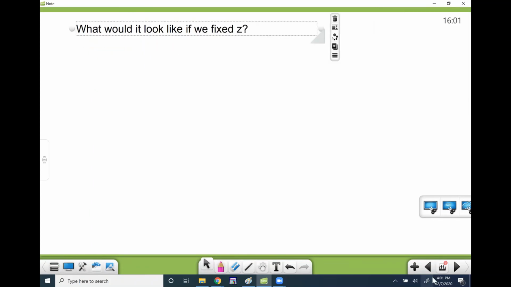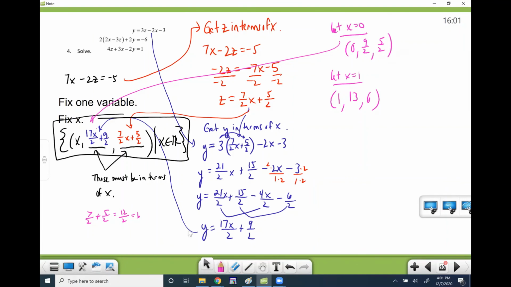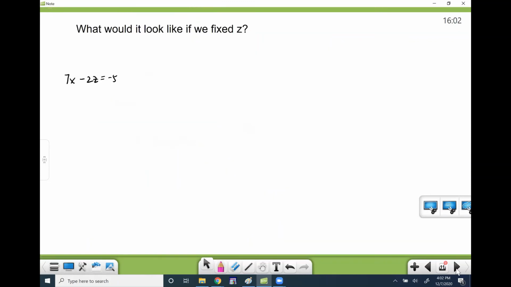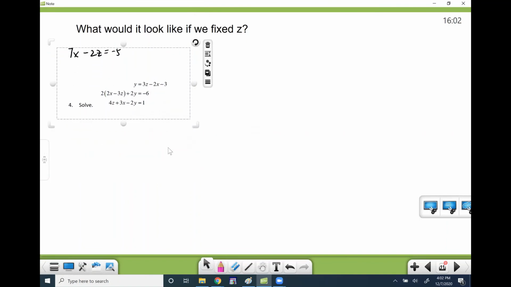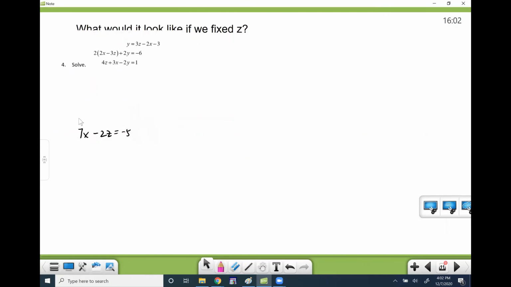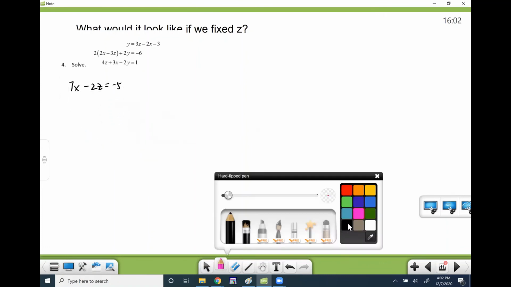All right. So the key equations that we need again are still the original and this black one. Oh, I wonder why it didn't copy that. Interesting. Okay. You know what? I actually want this guy to be lower. Okay, if we fixed Z, then our solution set looks like this.